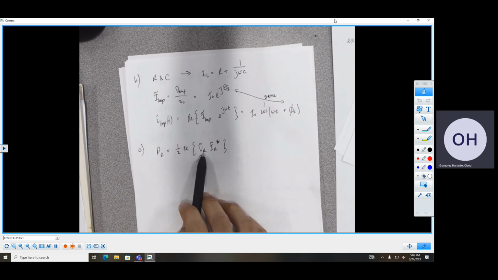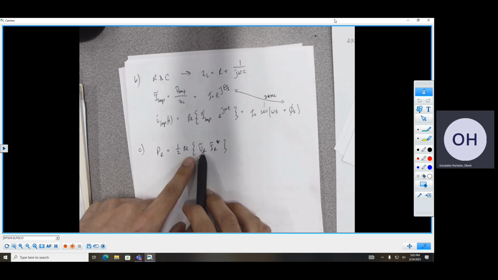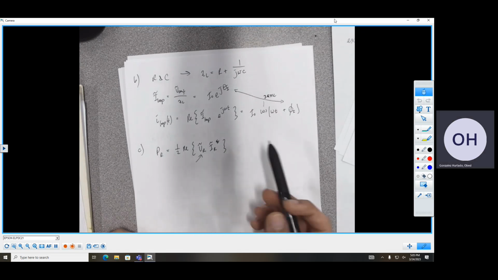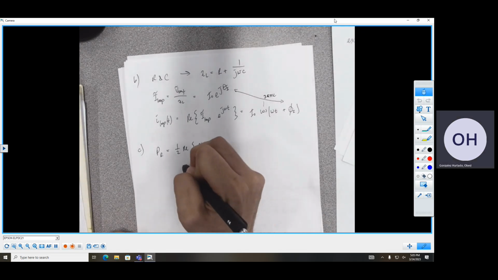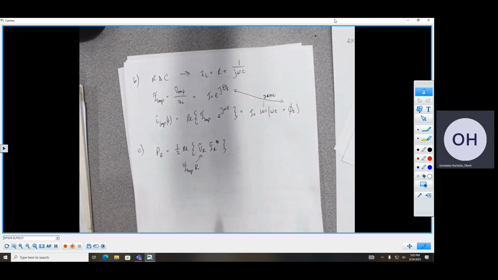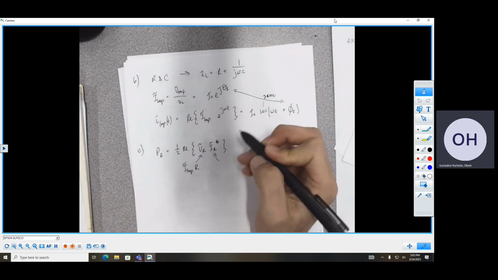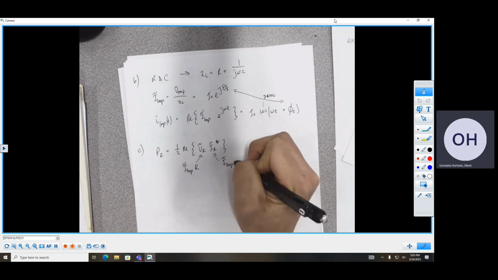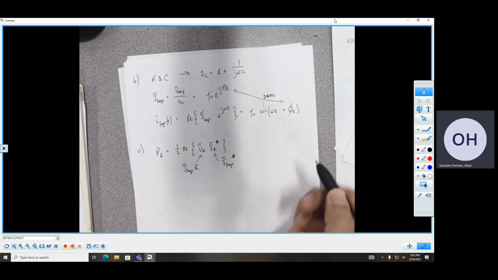What else can we define this as equal to? Because we don't know what VR is equal to, but V is equal to, Ohm's law, IR. So we know that this is also equal to I loop times the R, times the I loop with a conjugate.